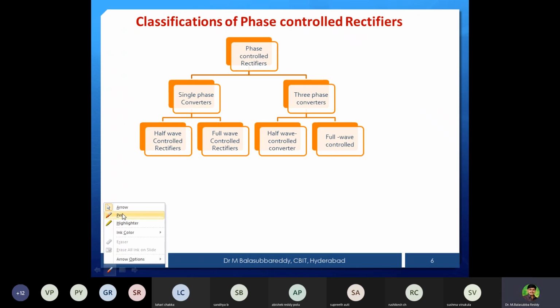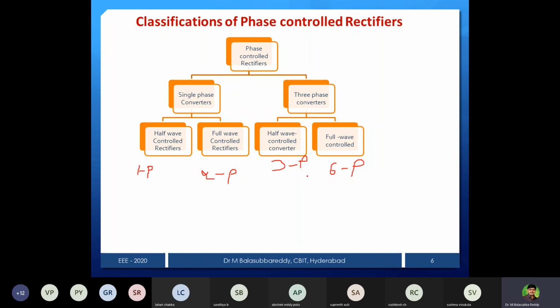The names are the same, but the difference is based on the supply. Full wave means a two pulse converter. In the case of a three phase converter, half wave means a three pulse converter, whereas full wave means a six pulse converter.